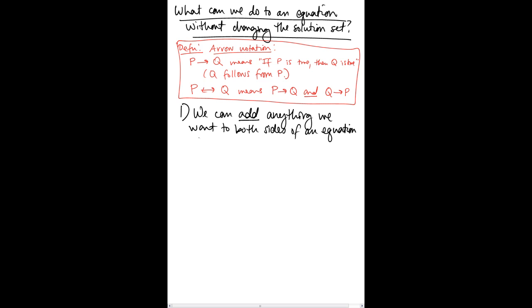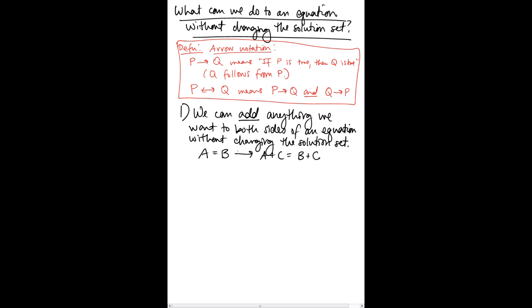And that won't change the solution set. And if we want to write that out using math, we could say, for any three algebraic expressions, A, B, and C, say, if I have A equals B, well, I could certainly get A plus C equals B plus C directly from that by adding C to both sides.